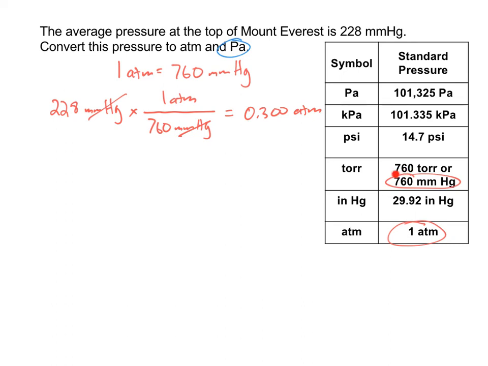So here I'm going to use that 760 millimeters of mercury is 101,325 pascals.